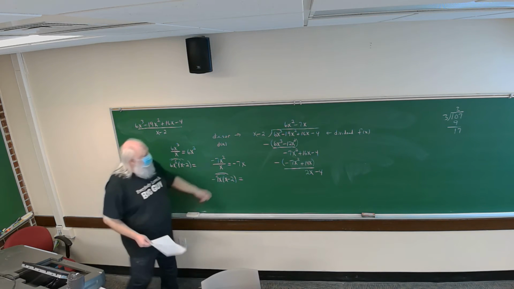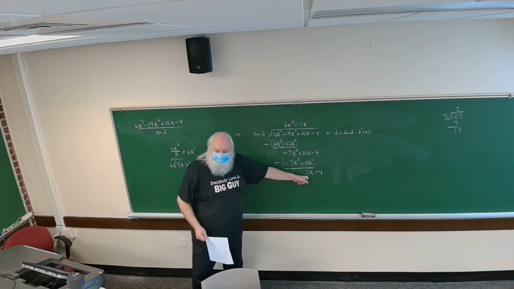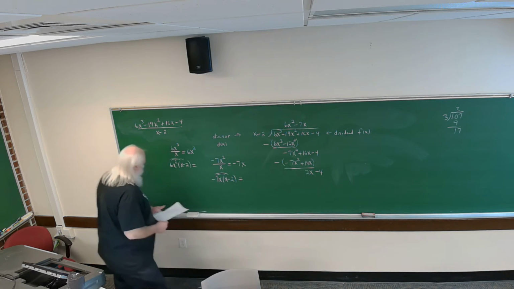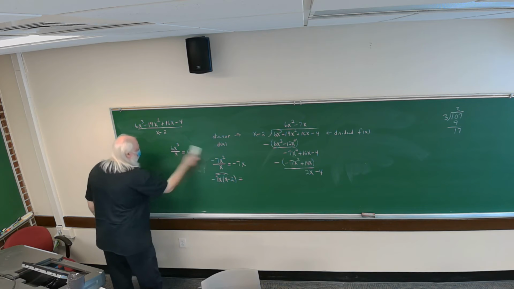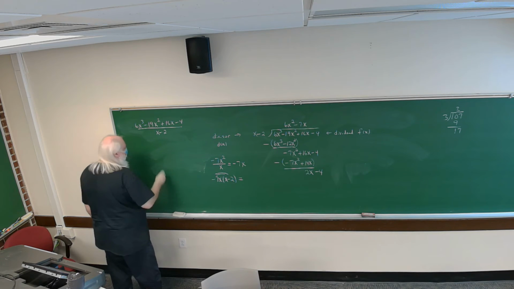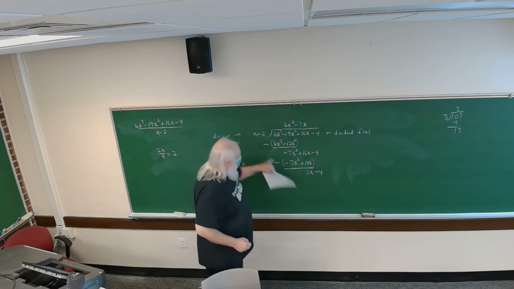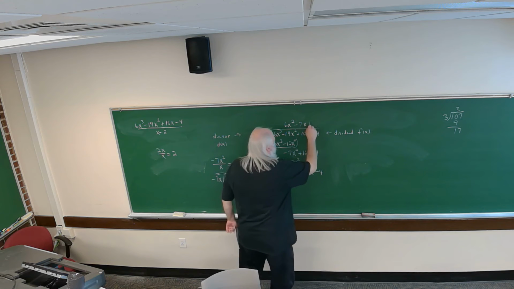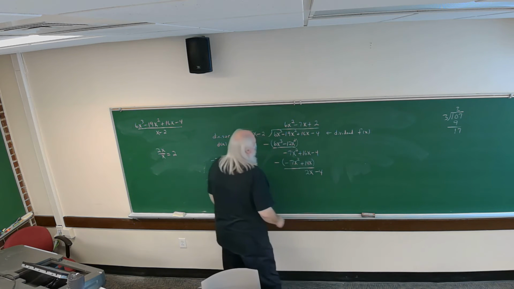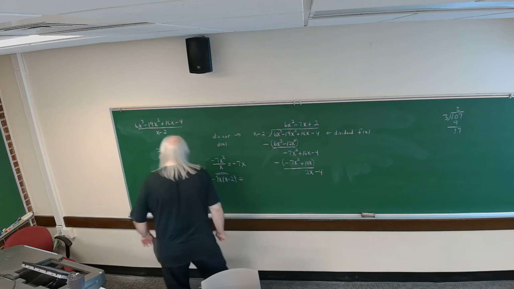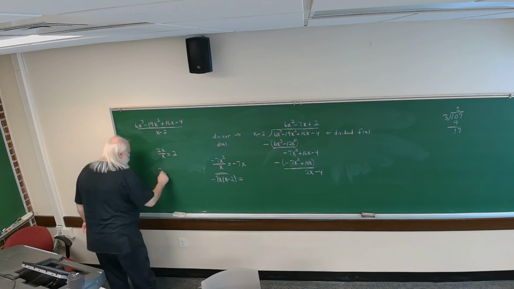Now you have to ask yourself, how many times does x go into 2x? Well, 2x over x is equal to 2. So x goes into 2x 2 times, so you put plus 2 up here. And now you have to multiply 2 times x minus 2.